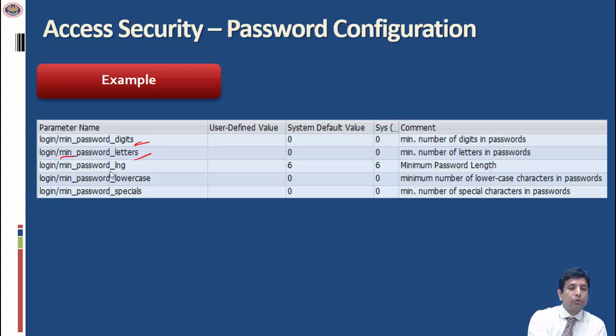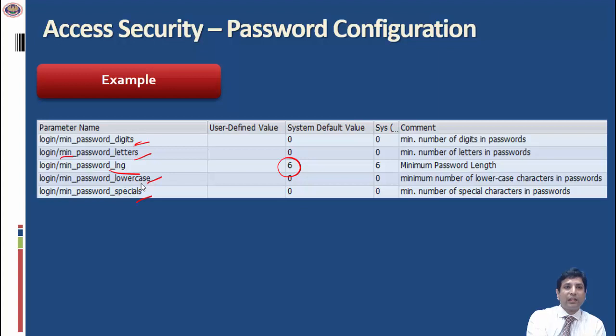What is the length? This is the most common parameter or configuration for a password. Here we can see the length has been set to 6 characters. That means a user can define a password which is not less than 6 characters in length. Then there are options for using lowercase and special characters.